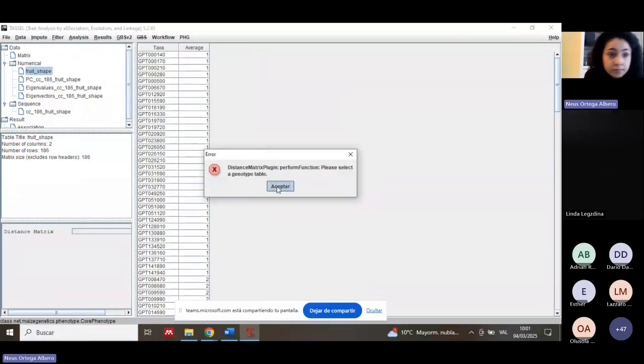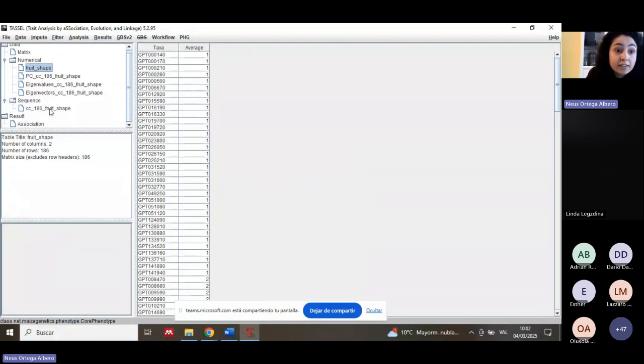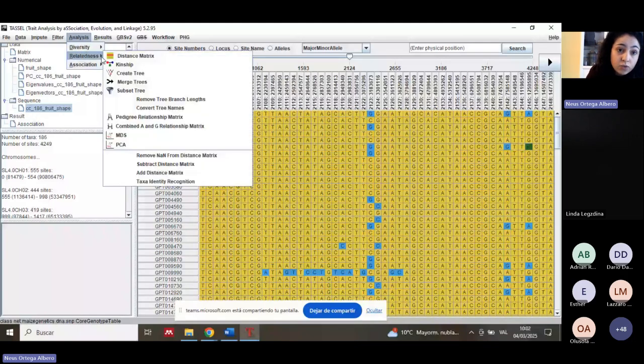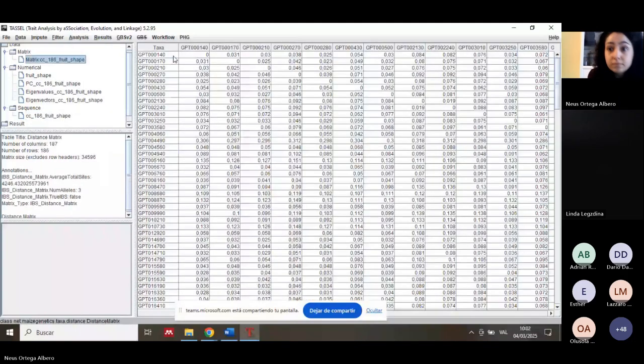Okay, we need to select the sequence database to do this analysis. So we select the sequence database, we go to relatedness, and we say, let's do a distance matrix.